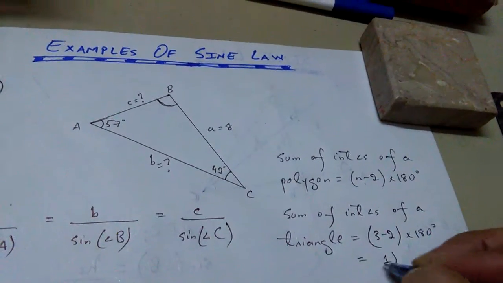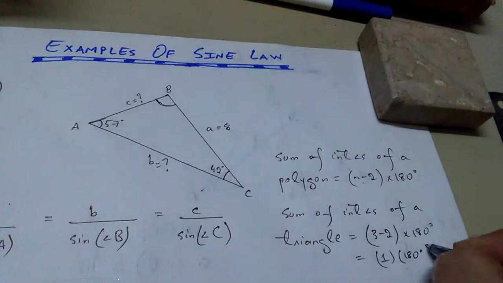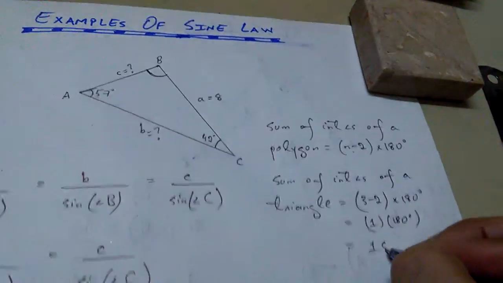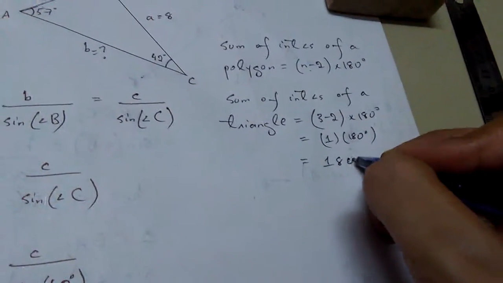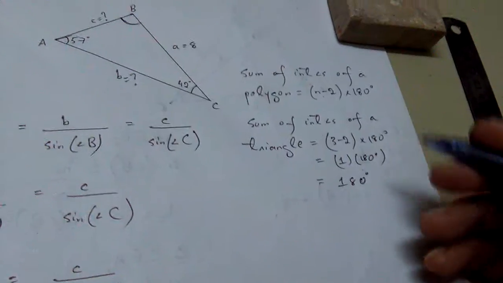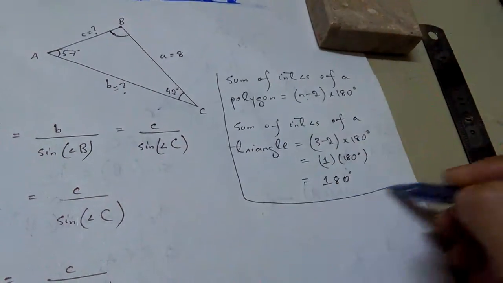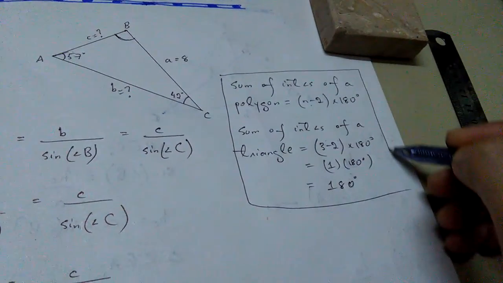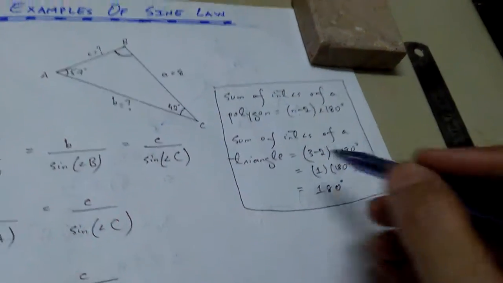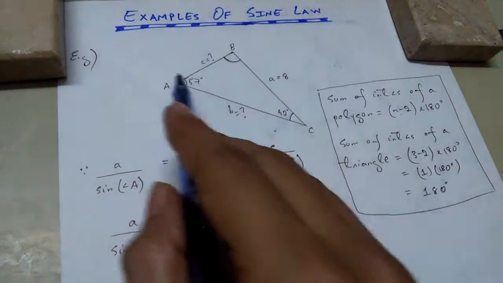That's how we come to know that the sum of the interior angles of a triangle always equals 180, no matter what kind of triangle you are considering.